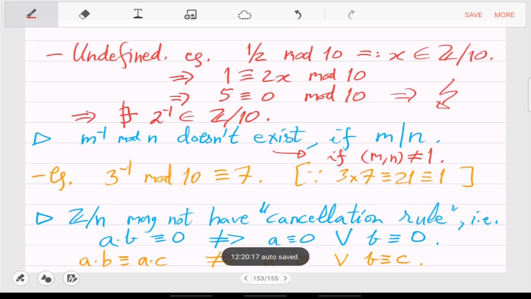The proof of this is the same as in the earlier calculation. What happens in 6 is that we have 2 times 3, 3 is co-prime to 10, but 2 is not. So if there was an inverse of 6, there would be an inverse of 2. But there is no inverse of 2, hence there is no inverse of 6. Okay? So it holds as long as M shares a factor with the modulus.